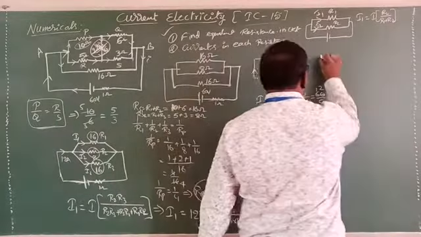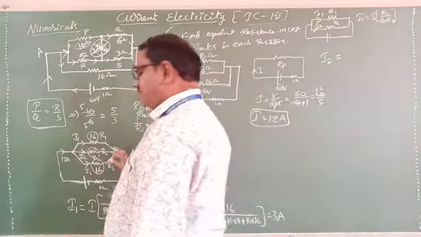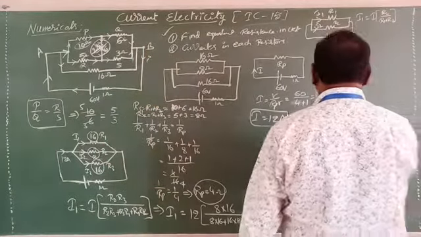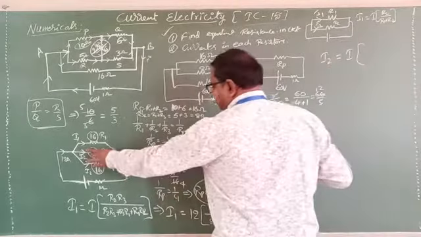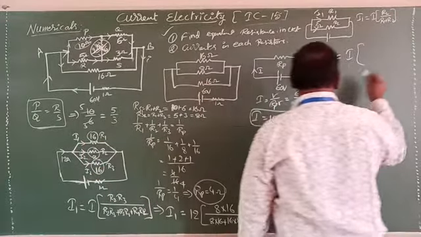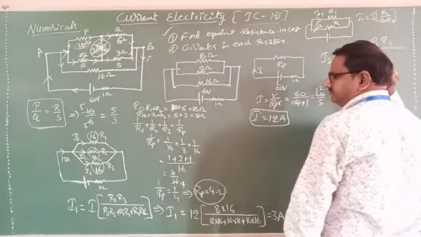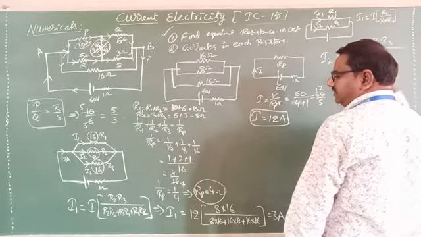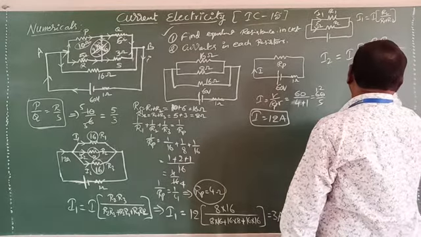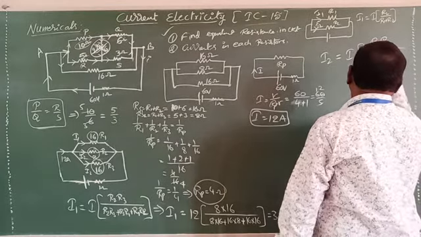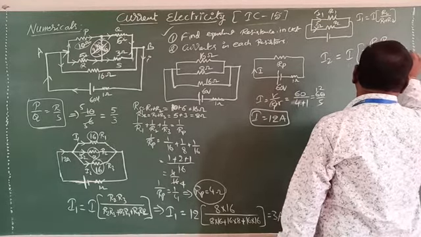Similarly, if I want to measure I2, I2 means the middle one, that you leave. So total current I into, if you leave this one, the remaining we have R1 R3, by R1 R3 plus R3 R2 plus R2 R1.